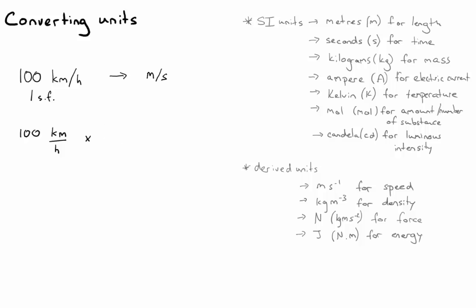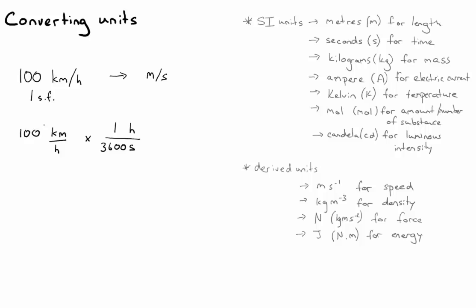We want to get rid of the hours down the bottom here, so let's try and put something with hours at the top. We want to replace it with seconds. Okay, how can we make hours per second equal 1? Well, 1 hour is the same as 3,600 seconds, because there are 60 seconds in a minute and 60 minutes in an hour. So there we go.